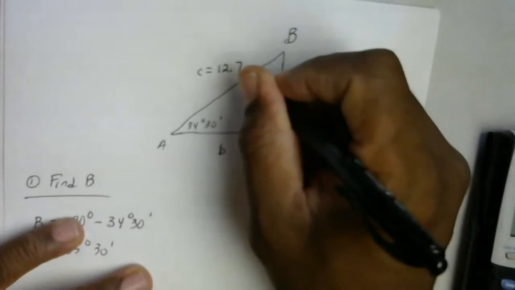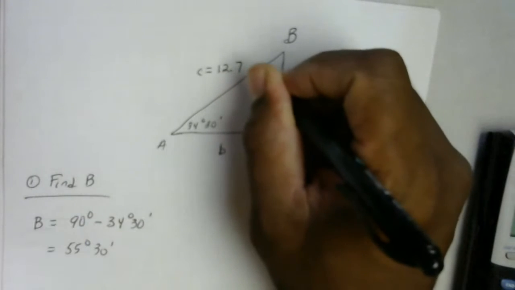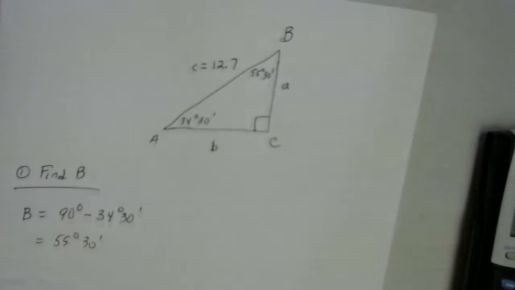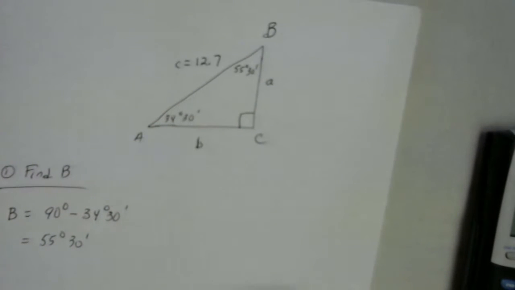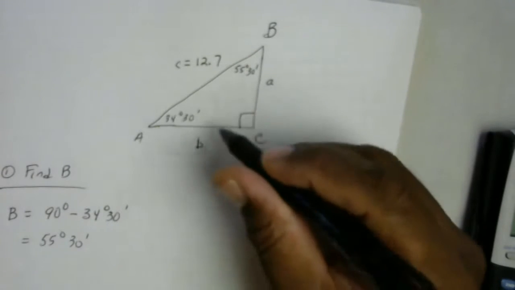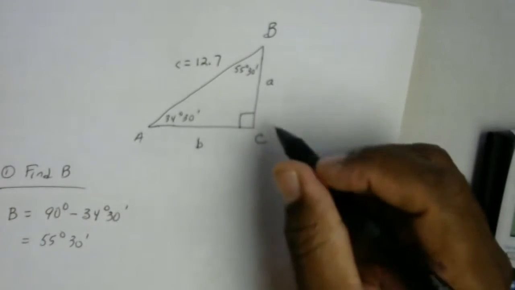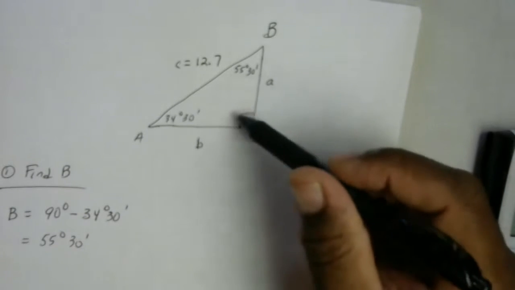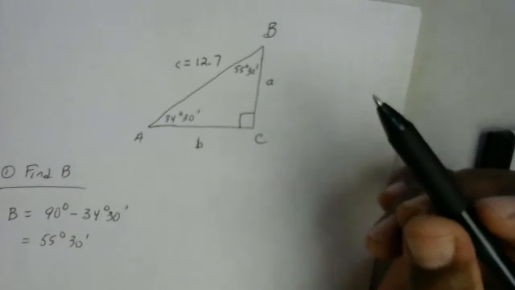So angle B is 55 degrees, 30 minutes. Now I want to find either side a or side b. Once I find one of the sides, I can use the Pythagorean theorem to find the third side.